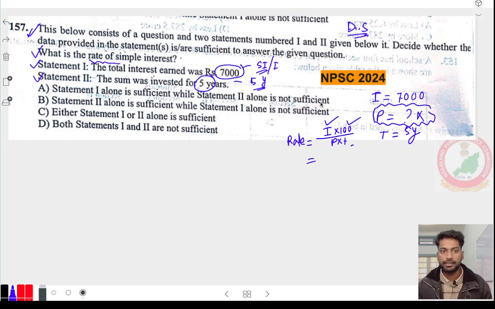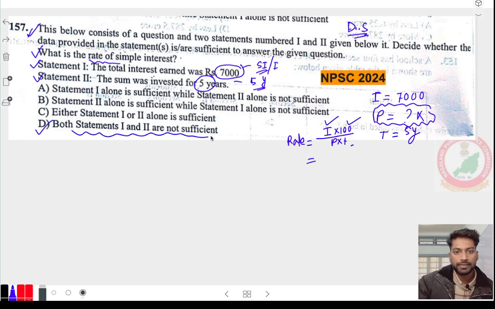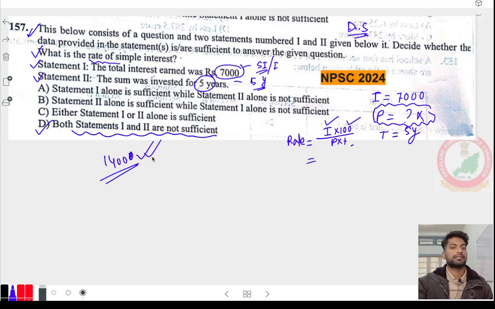So that's why the answer will be both the statements are not sufficient to answer this question, because we don't have P, and without P you can't get a rate. Okay, in some of the questions you might get a rate, but in this question without P no chance, nahi milega. Okay, if I say 1400 per year SI, rate to nahi mil raha hai. Yeah, chalo. So it can't be answered.